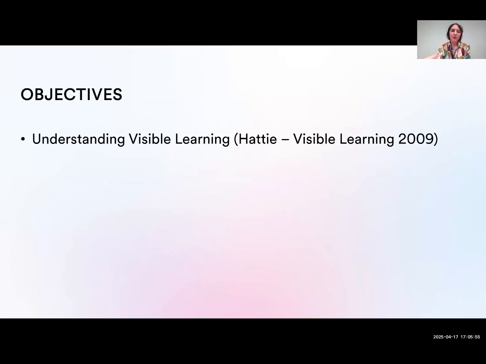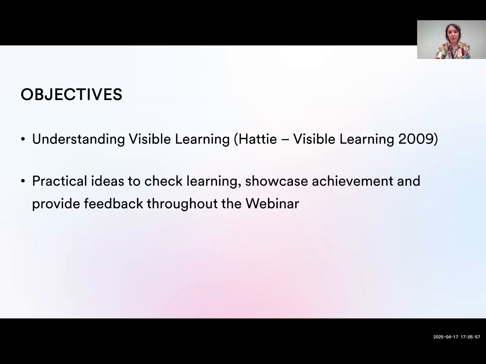Then throughout the webinar, I will give you some practical ideas on how to check learning, showcase achievement, and also provide feedback to our students. Then we're going to wrap up and look at some takeaways. Hopefully there'll be some time for questions and answers, in case I don't manage to pick up all your questions here.